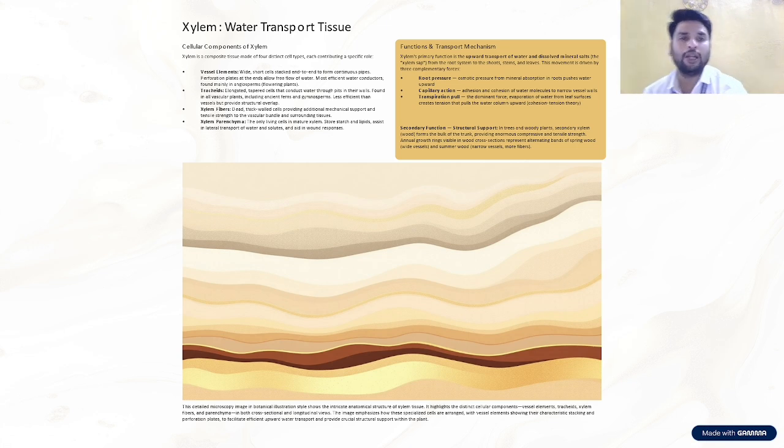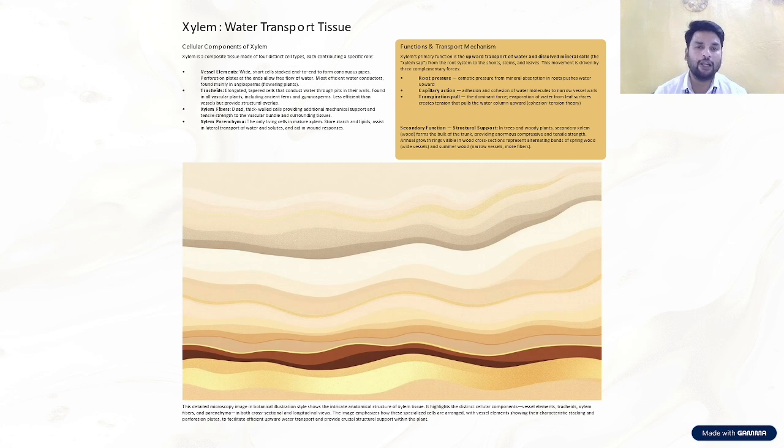Osmotic pressure from mineral absorption in the root pushes the water upward, which is known as root pressure. Then capillary action: adhesion and cohesion of water molecules to narrow vessel walls. That's why water gets transported from the root to the shoot. Then transpiration pull, the dominant force: evaporating water from the leaf surface creates a tension that pulls the water column upward.